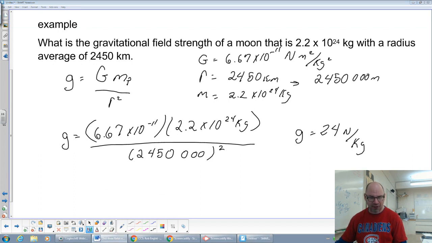In number 5, we're getting into a calculation of orbital period and orbital velocity, using those two.